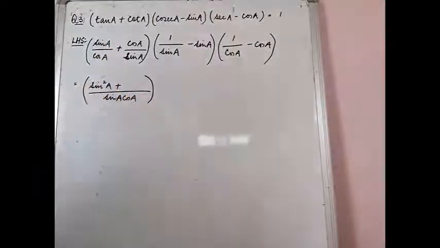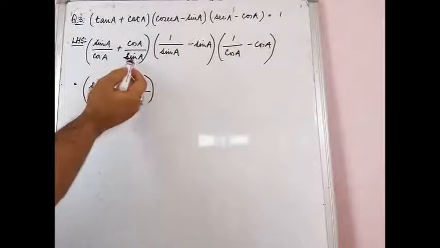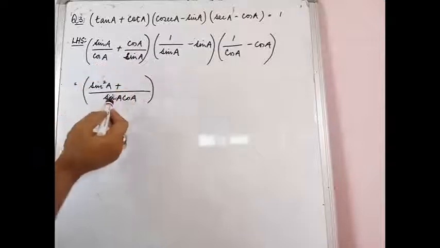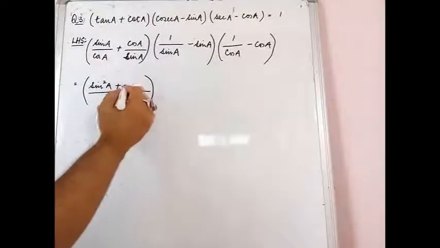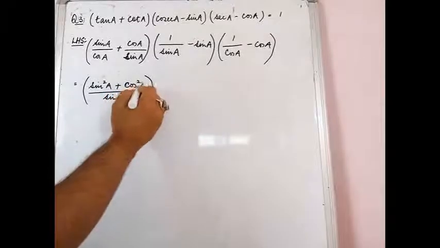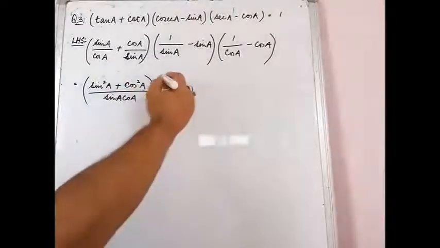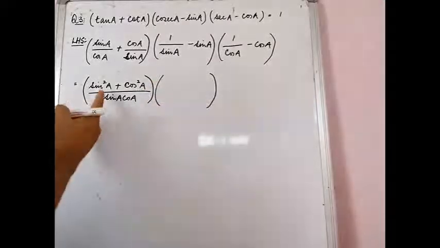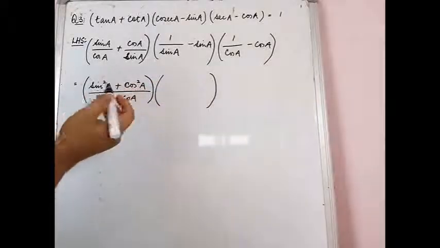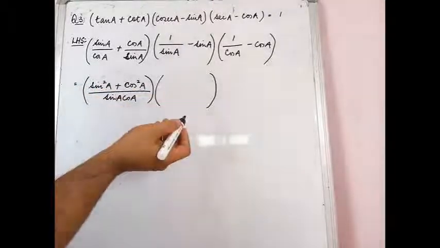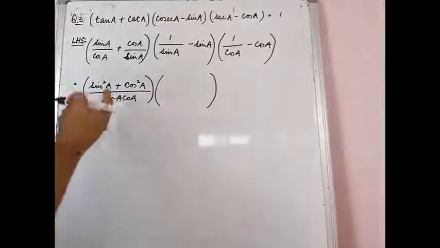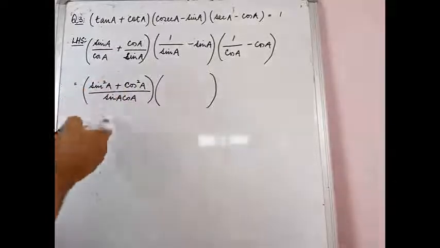Now there is a plus sign, so I'll write plus. Sin A, you read the table of sin A, sin A one's a sin A, so cos A is remaining. Cos A into cos A will become cos square A. Okay, the moment you get sin square A plus cos square A, you know that sin square theta plus cos square theta is 1, or sin square A plus cos square A is 1. So in the next step, the entire numerator portion will become 1.